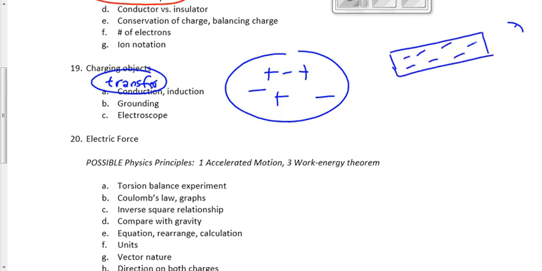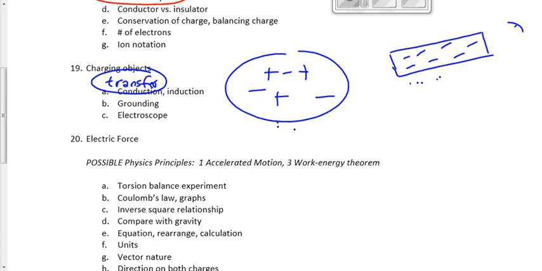Now remember that this negative object doesn't have to be a rod. It can be a negatively charged cloud. It can be a negatively charged anything, right? Anything that's negatively charged near a neutral anything. We had a question, I think in the multiple choice review questions that I give you in your worksheet booklet, where we had a cloud that was charged negative and the ground that was charged neutral. It's the same thing. This is your cloud, this is your ground.